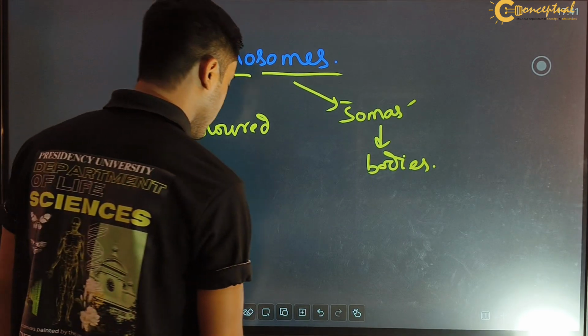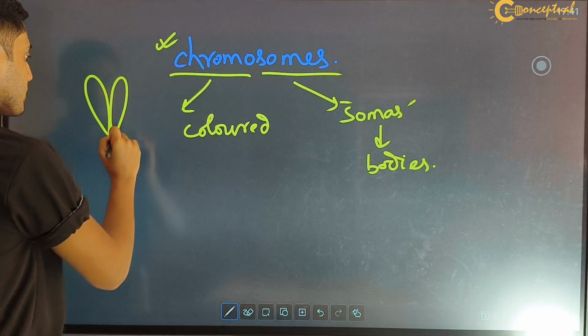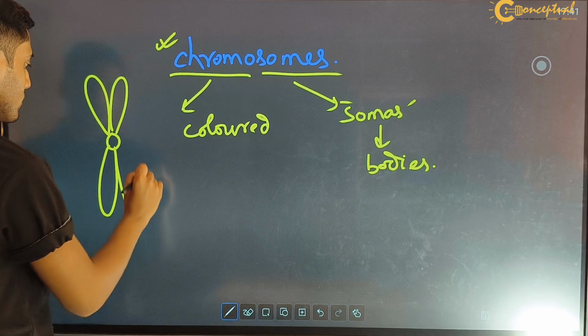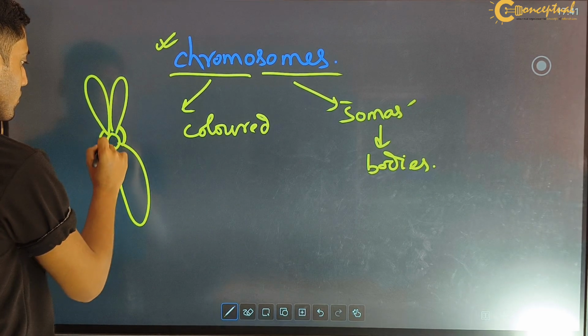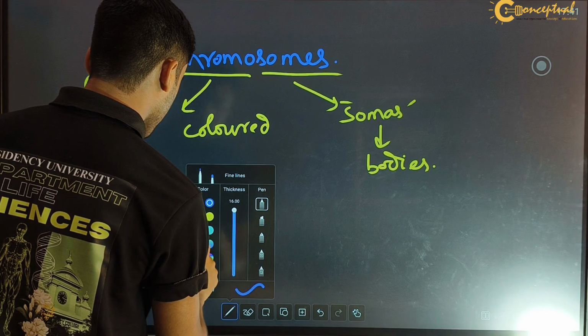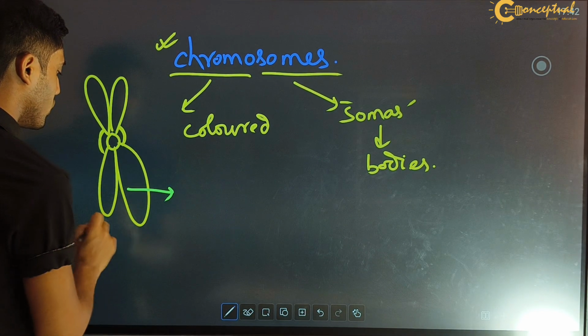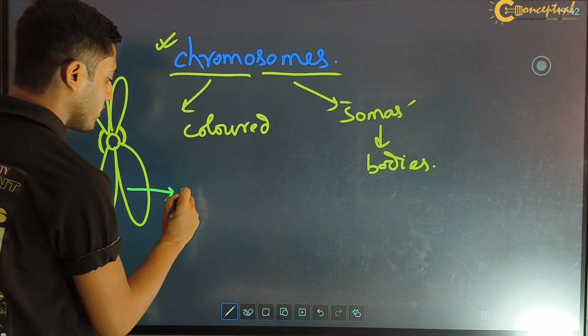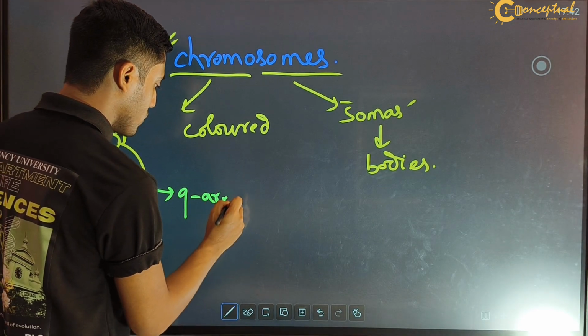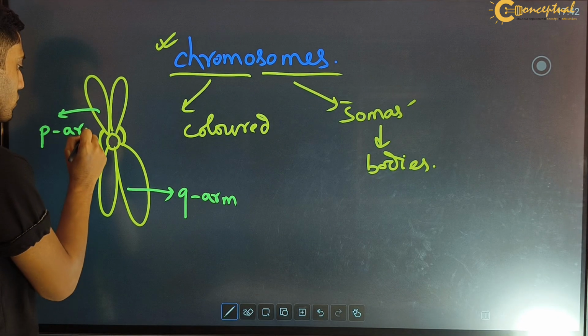How do they actually look like? Let's make a rough structure and try to understand. Okay, so these two lower portions of the chromosomes are known as the Q arm of the chromosome, whereas the upper portions are known as the P arm of the chromosome.